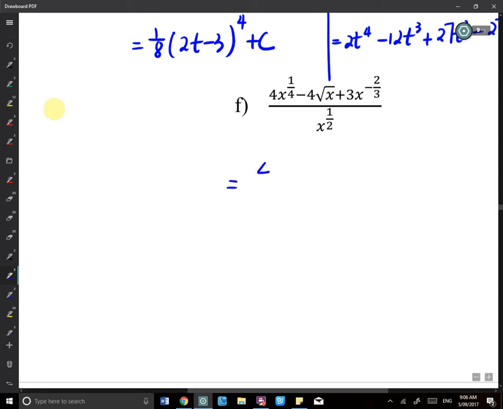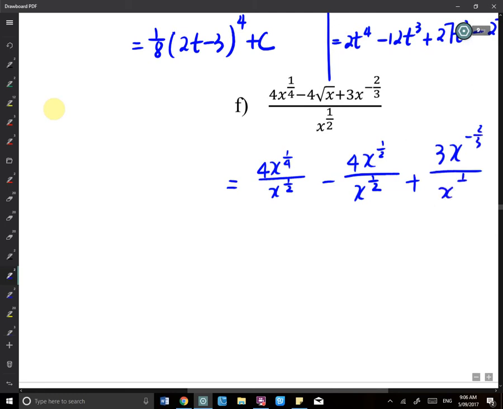So what you do is 4x to the power of a quarter divided by x to the power of a half, minus 4x to the power of a half divided by x to the power of a half, plus 3x to the power of negative 2 on 3 over x to the power of a half. What I have here is 4x to the power of negative a half, since a quarter minus a half is negative a half.